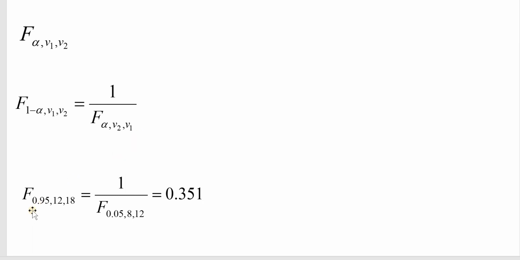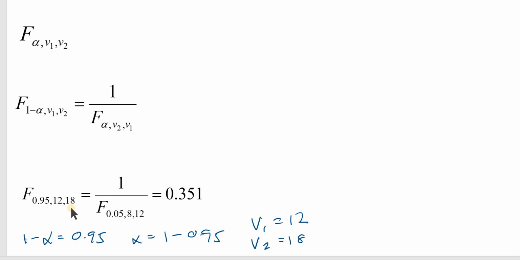For this example, alpha is 0.95, so 1 minus alpha is 1 minus 0.95, which is 0.05, and V1 is 12, V2 is 18. So now it changes, and we can write F 0.95 with V1 12 and V2 18 as the inverse of F 0.05.